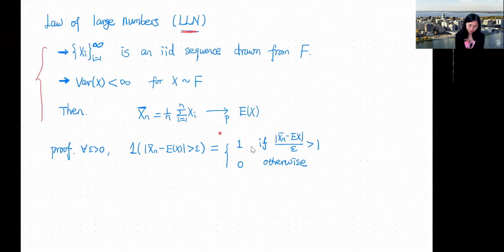Now, if you look at this formula, you find that there are two cases, right? But in both cases, you have the following inequality hold. In the first case, 1 is less than this ratio because this dummy variable only equals 1 if this ratio is greater than 1. So it is less than that ratio.